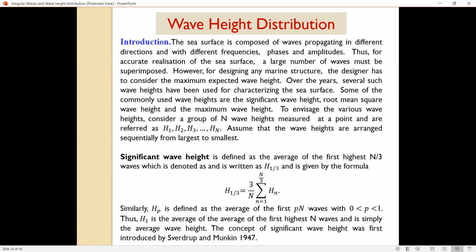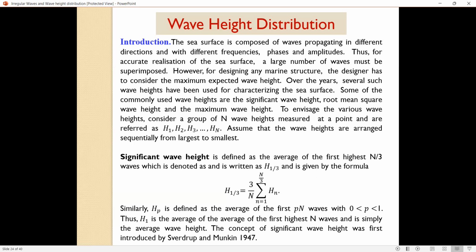That is the most commonly occurring wave height in the ocean. Over the years, people found that, except for a few extreme waves, it is one of the criteria often chosen by engineers for design purposes, because it is the significantly occurring wave height in the ocean.